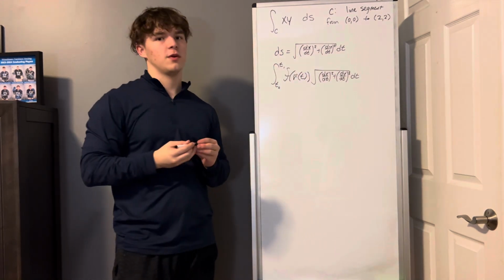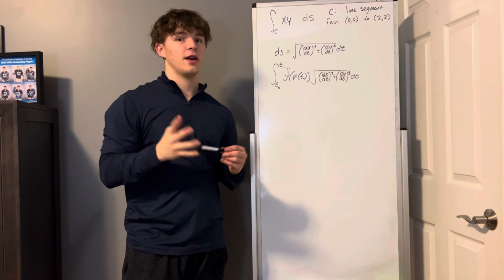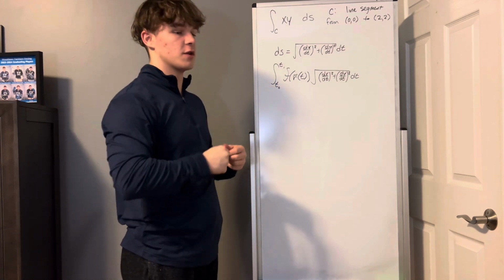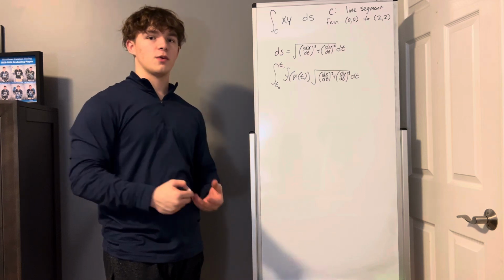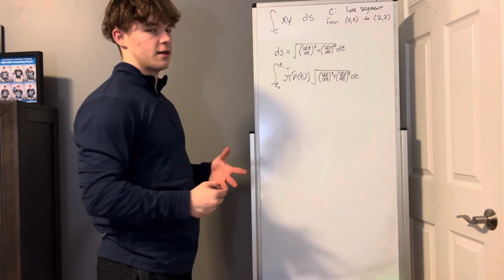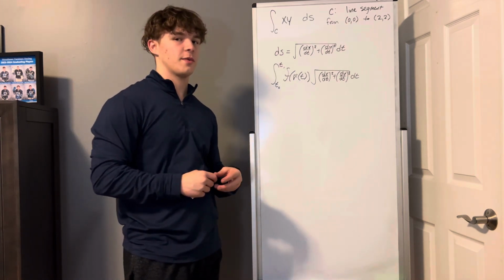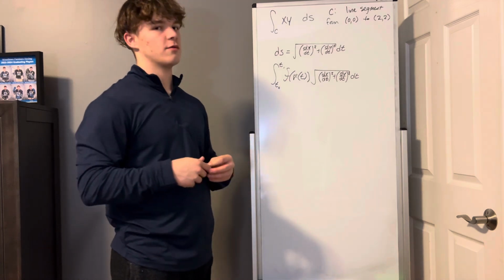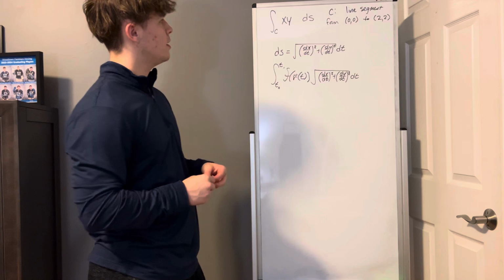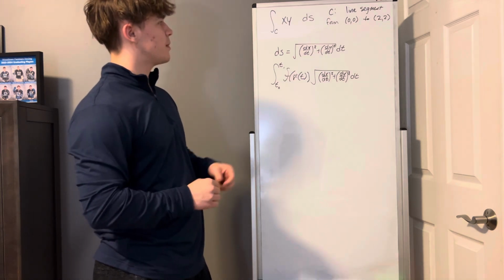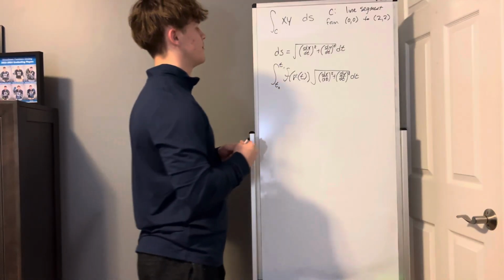This is a very simple one, but of course we could integrate over any curve we wanted. We could integrate over a circle if we wanted, or a line segment of x squared, or anything. We remember from our parametrization video that we can represent anything in a parametrization. So this parametrization will be very simple.